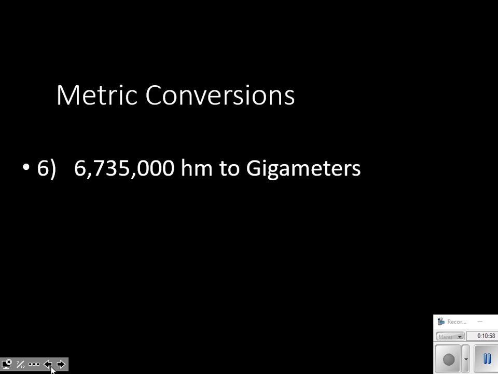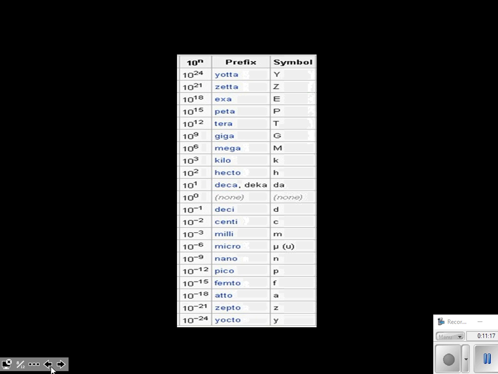Now here we go. Here we're getting into some that we might not have done yet. All right. So what I need to do for this one is I've got hectometers and I'm going to gigameters. Here is my hecto. Here is my giga, right?